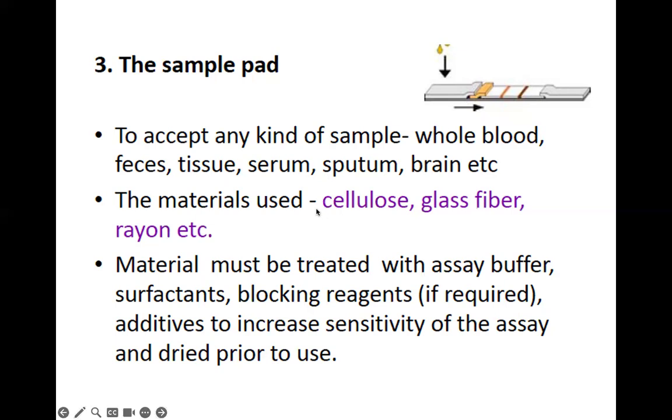For the sample pad, we have cellulose, glass fiber, and rayon, but we use cellulose. And this one also must be treated. The sample pad must be treated with proper buffer, surfactant, or, if needed, blocking reagents. This depends on your application and your sample.